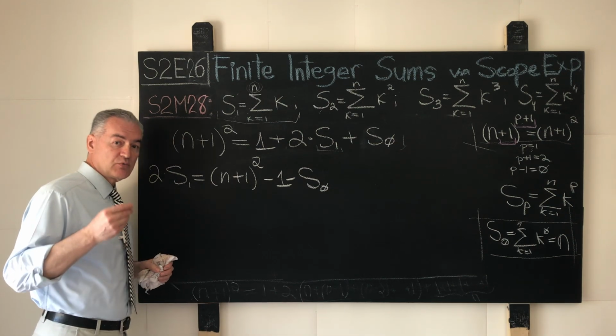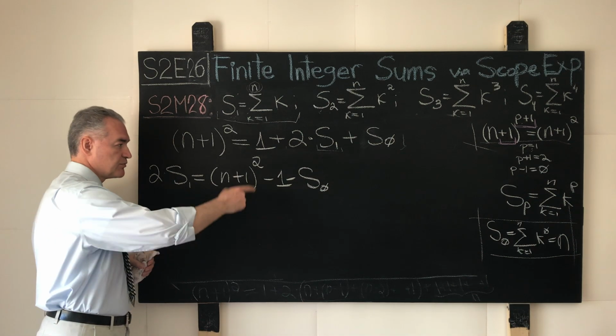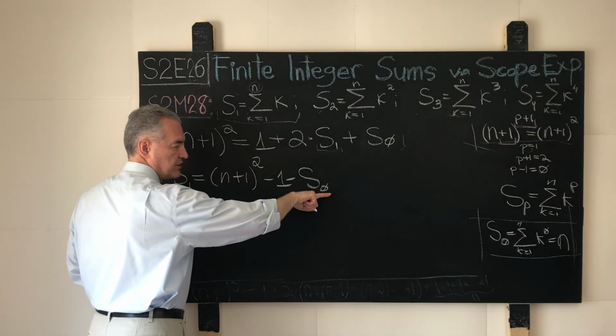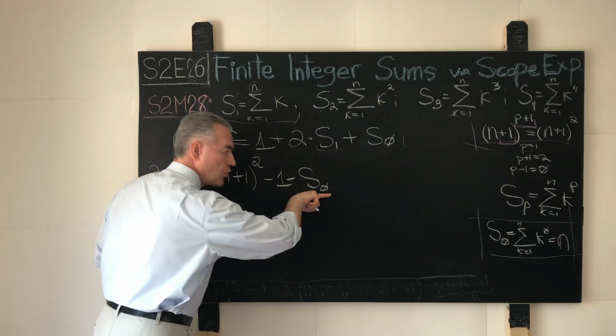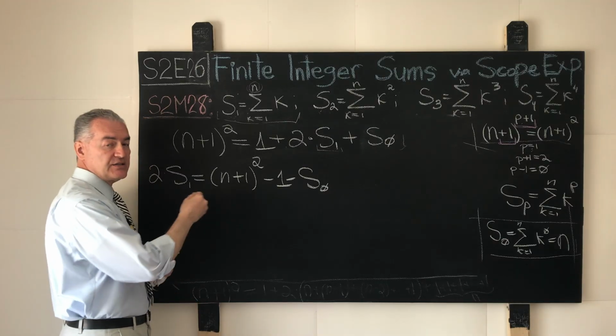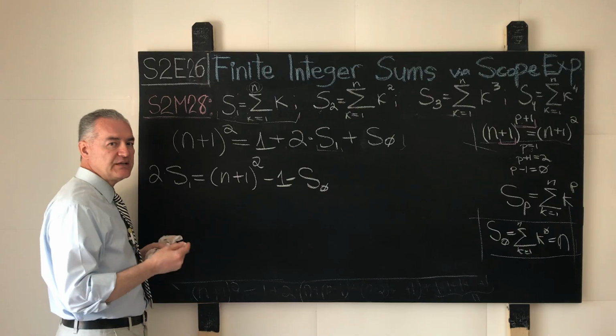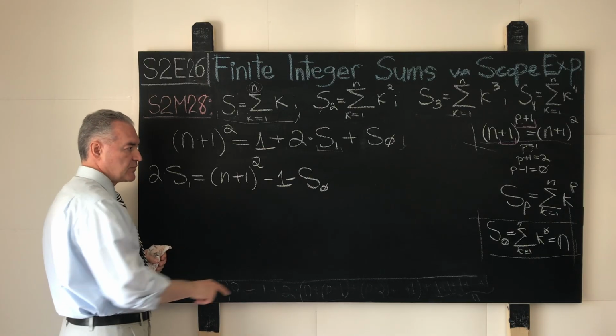But according to step number 4 of our algorithm, in this final expression, we're to roll through it and substitute all the previously evaluated finite integer power sums with their own alternative expressions. In this case, the only intermediate power integer sum is S0.